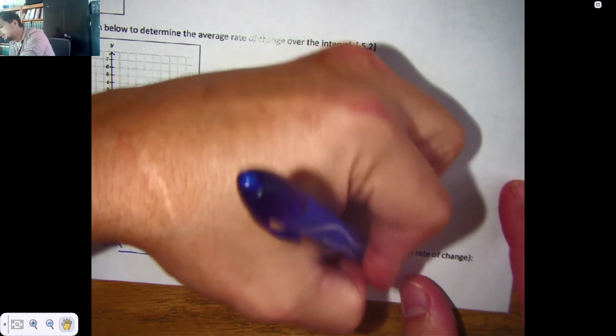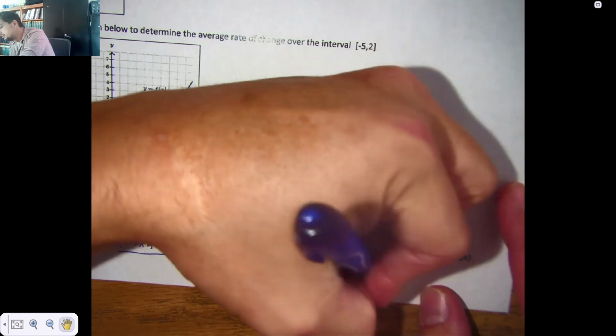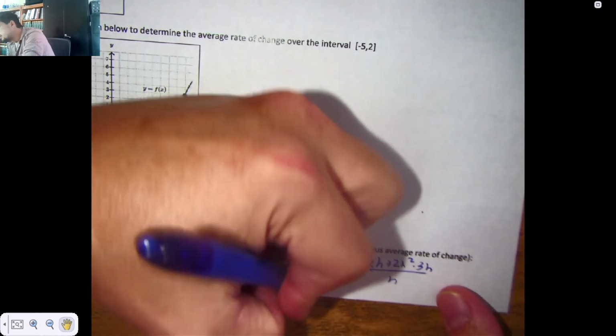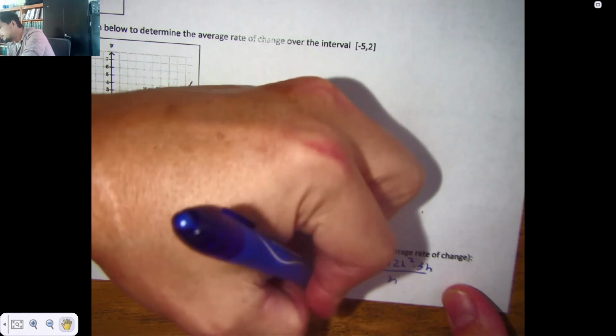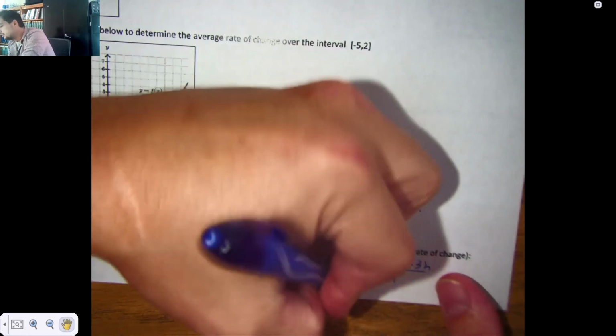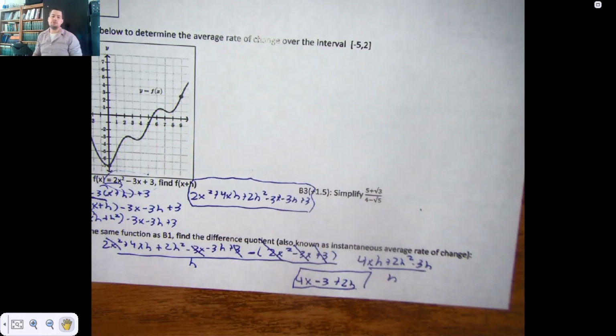Now I'm sitting at 4xh plus 2h squared minus 3h, all sitting over an h. And all 3 pieces of the numerator contain an h, as does the denominator. So I divide out the common factor, which is h. And I'm going to rewrite it as 4x minus 3, putting this piece first, plus 2h. And that is the instantaneous rate of change for that function.